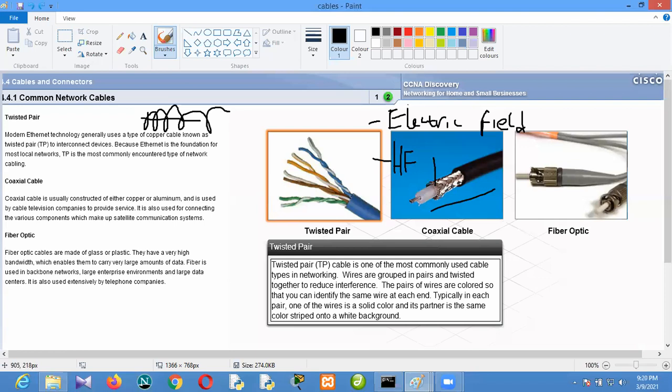It doesn't mean that when you install a thunder arrestor on top of your roof, thunder will not strike and enter your house. It's not a guarantee. So, as much as you can, try to avoid electric field and microwave.